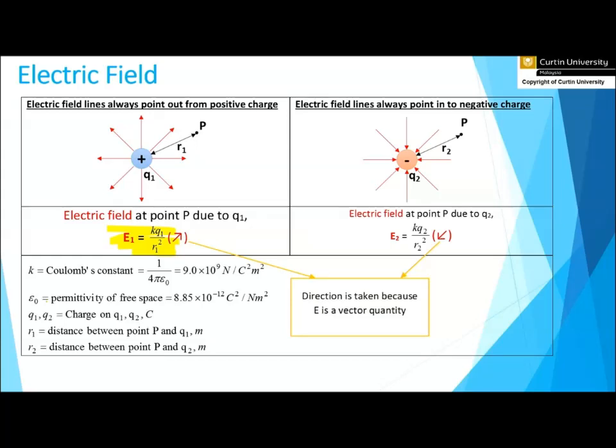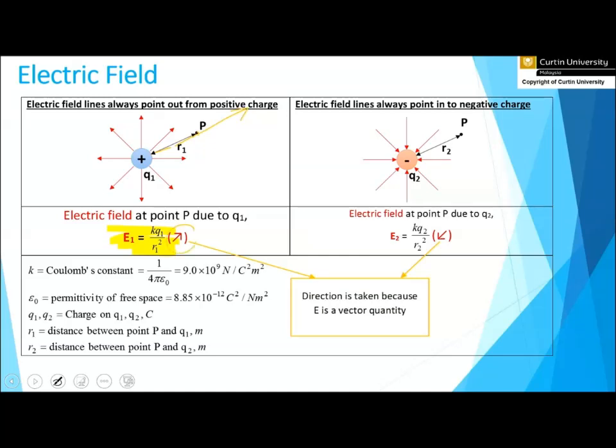So let's say we have a positive charge here, and you are asked to look for the electric field at point P. So since electric field is always going outward from positive charge, at this point P, that will be the direction of your electric field.